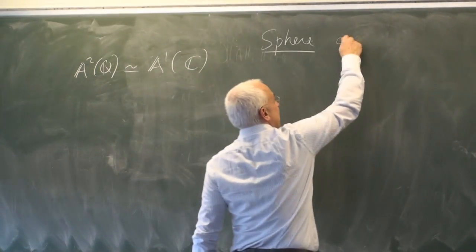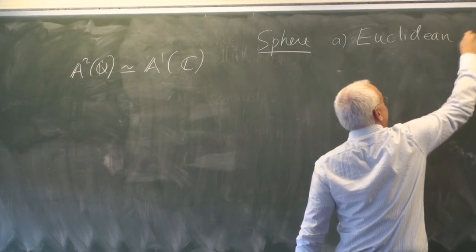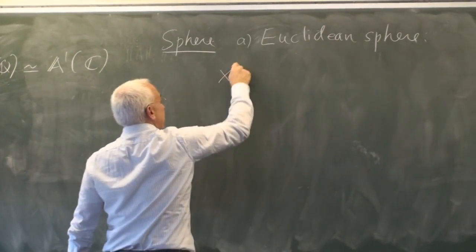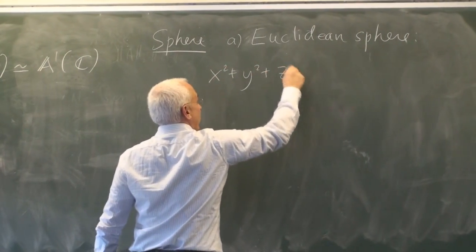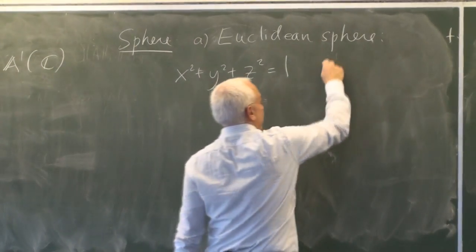So the first manifestation is just as a Euclidean sphere. And that means that we're considering the equation x squared plus y squared plus z squared, let's say equals 1, in three-dimensional space.